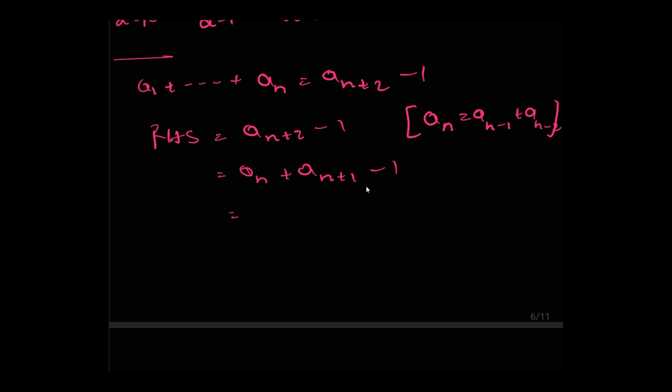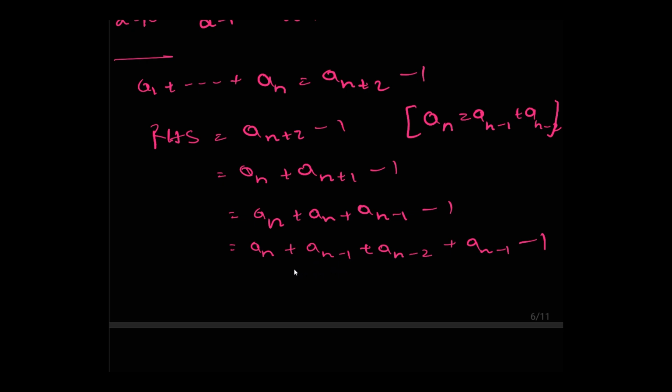Now, again write a_{n+1} as a_n + a_{n−1} − 1. Again write a_n as a_{n−1} + a_{n−2}: a_n + a_{n−1} + a_{n−2} + a_{n−1} − 1.